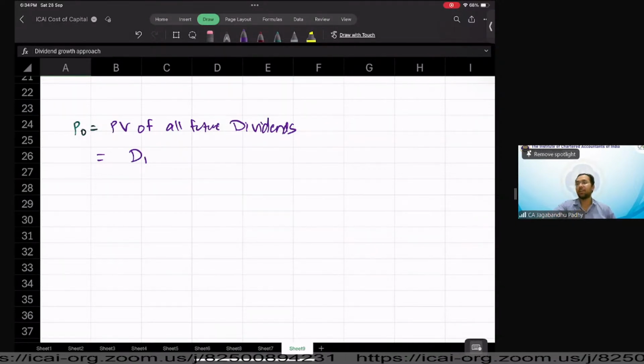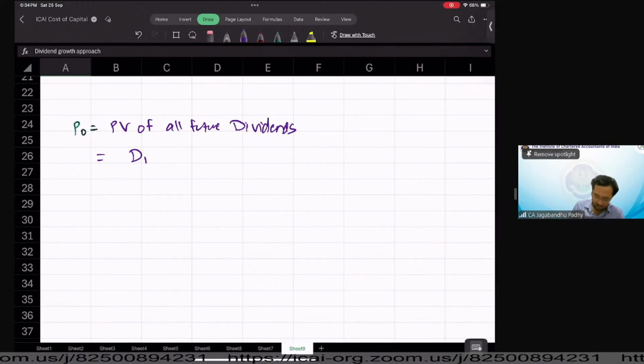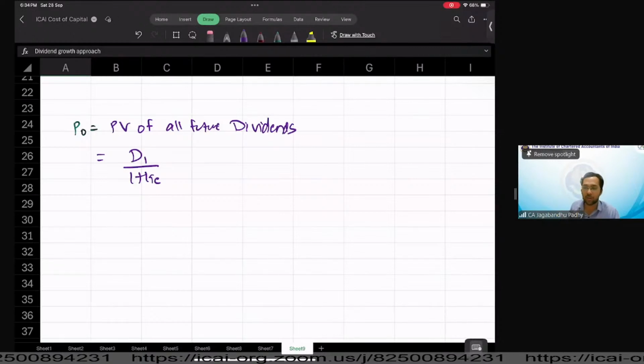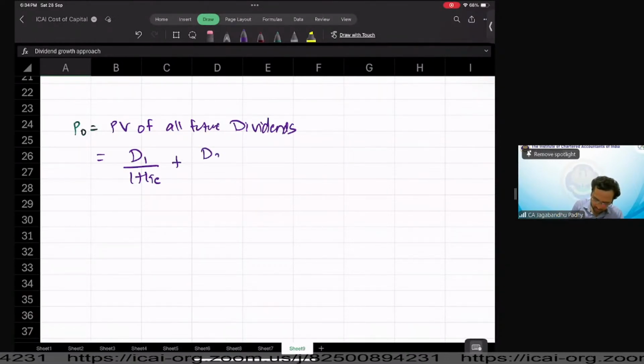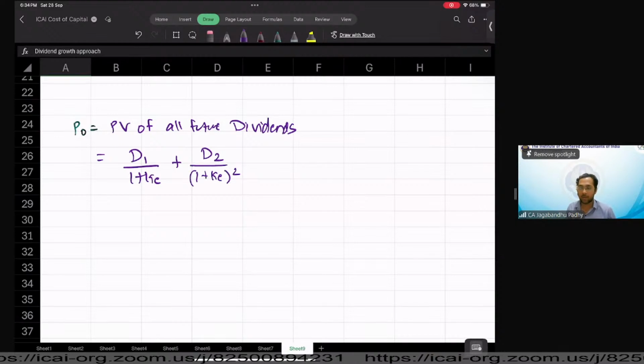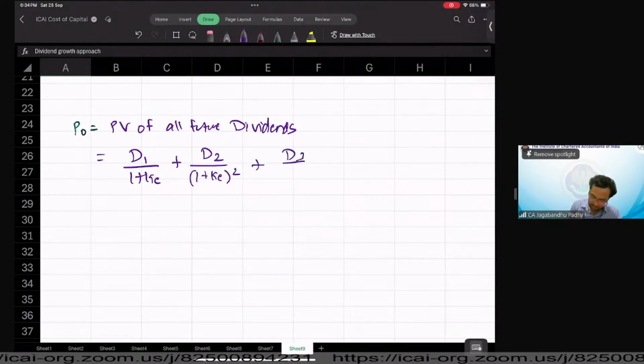The present value of the first year dividend is simply D1 upon 1 plus K, where K is the rate of return which the equity shareholders require, the cost of equity. Plus D2 upon 1 plus K square, plus D3 upon 1 plus K cube.